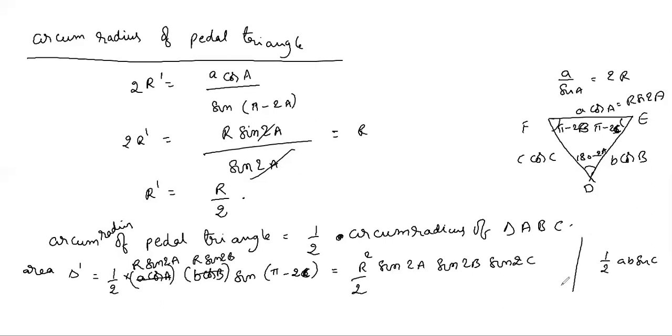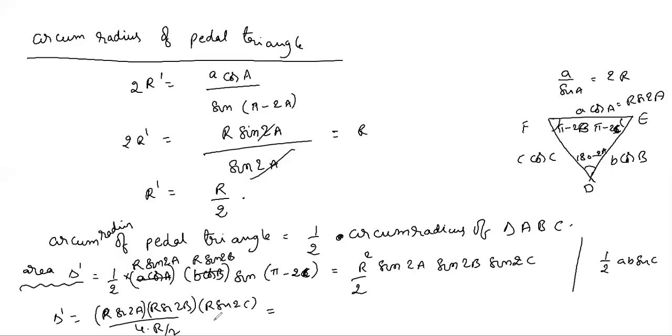So this is the formula to find the area of the pedal triangle. Or you can use abc by 4R also. Delta dash equals abc, meaning R sin 2A, R sin 2B, R sin 2C, divided by 4 into R dash. We already know the radius is R by 2, so 4 into R by 2.